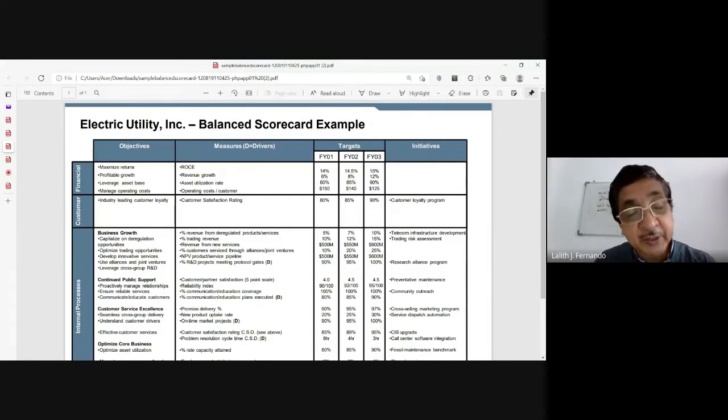But all these measures cannot be taken in the generic form. We need to study the organization's characteristics and its requirements. Then only we can have objectives decided. After deciding the objectives, we have to have the measures also as per the organization's need.